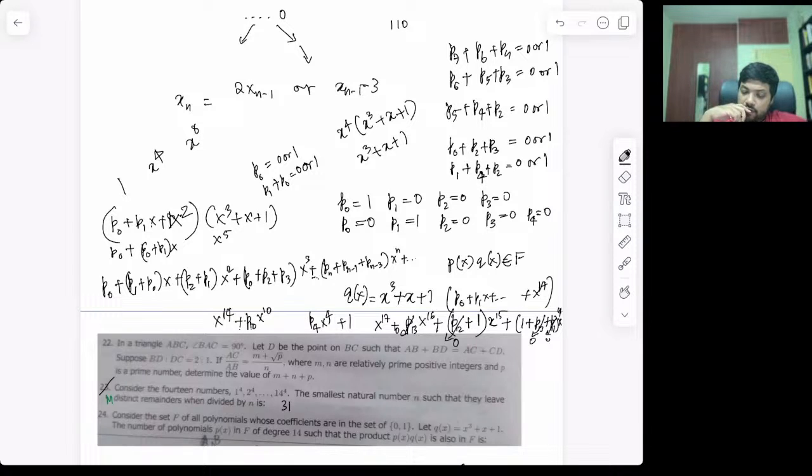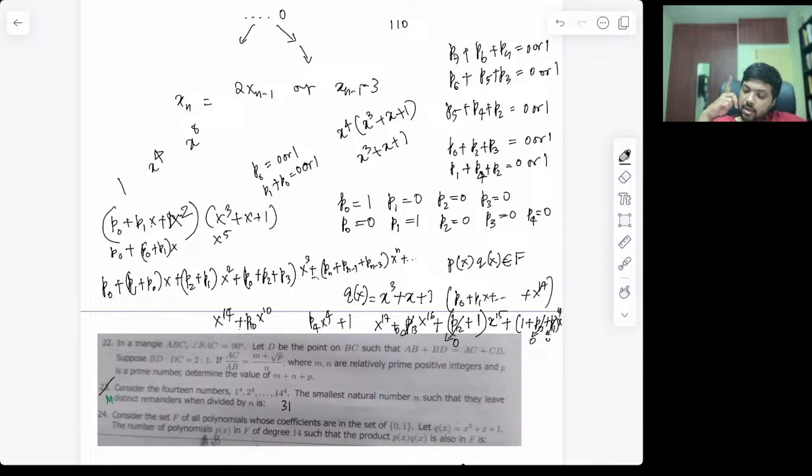For example, if you have 1 in the constant term, then the x square and x cube coefficients are 0. If you put 1 at x power 4, then x power 5, x power 6, x power 7 are 0. X power 8 we don't know, you can put 1 if you want, or 0 if you want, it's your choice. But the moment you put 1 somewhere, the next 3 will become 0.